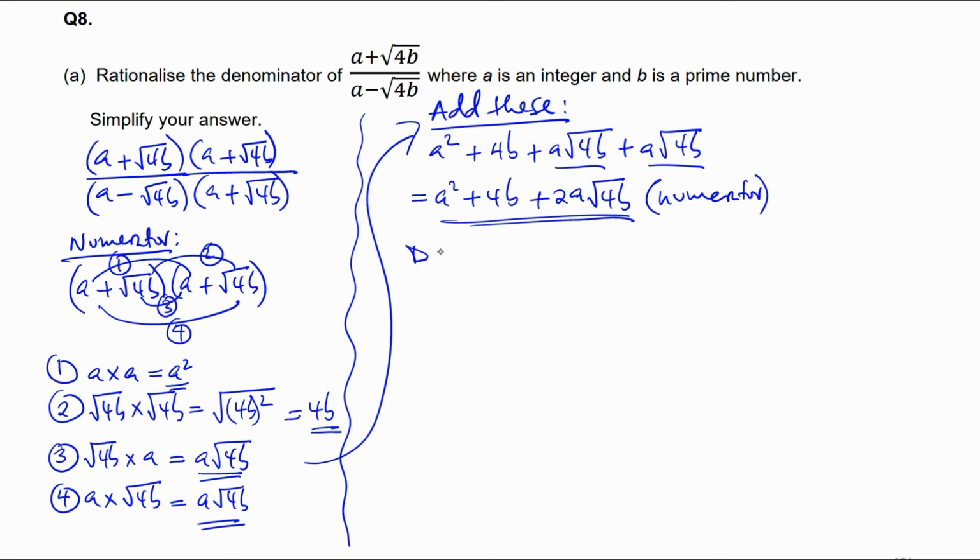So for the denominator, apply difference of two squares.